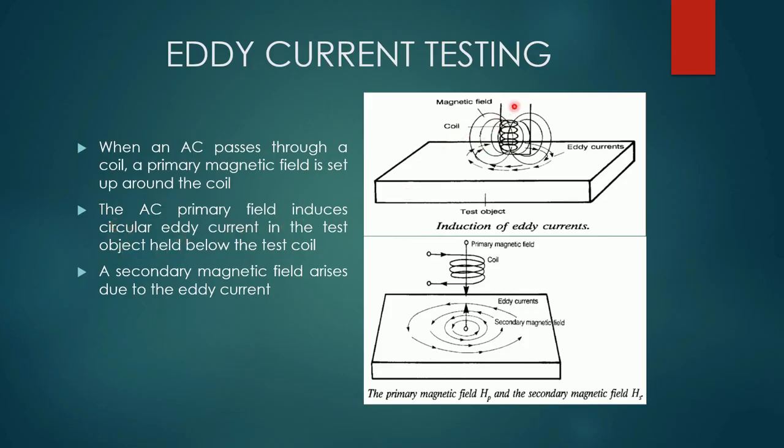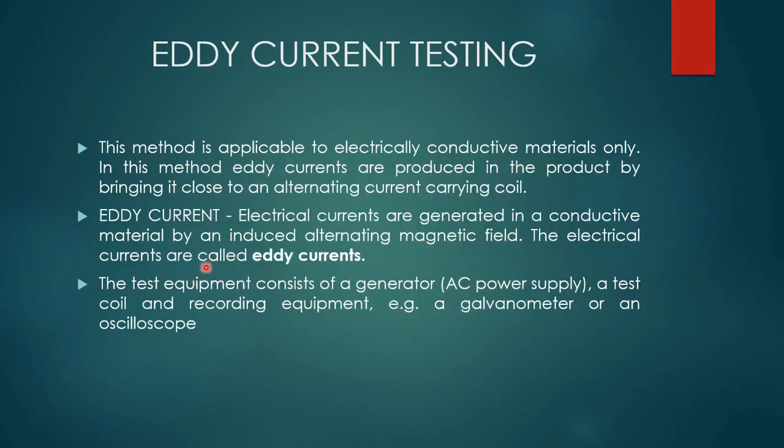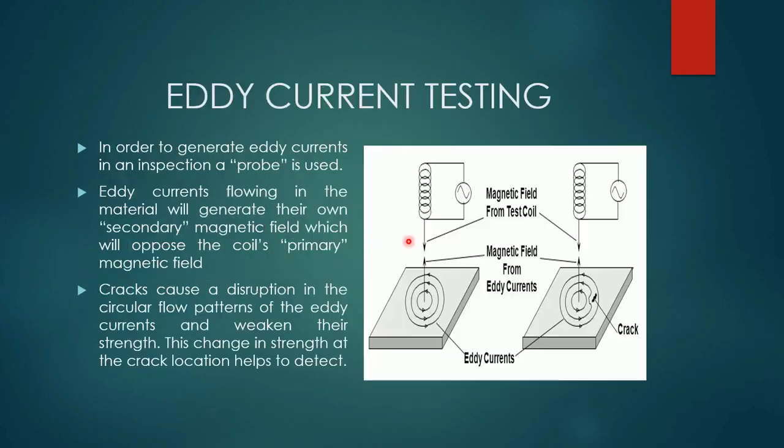The alternating current primary field induces circular eddy current in the object which is held below the coil. This secondary magnetic field arises due to the eddy current. As I was saying earlier, electric currents are generated in a conductive material by an induced alternating magnetic field. These electric currents are called eddy currents.